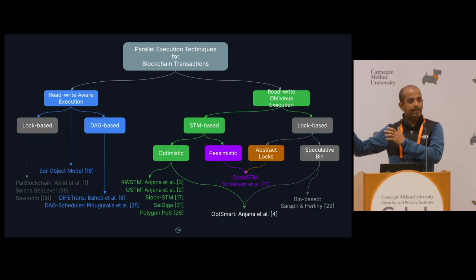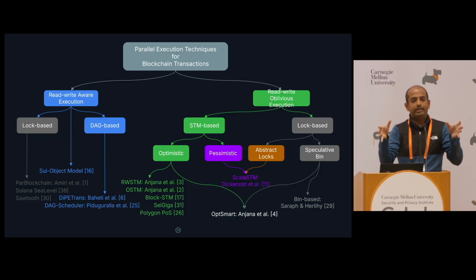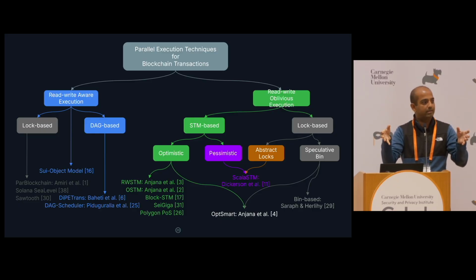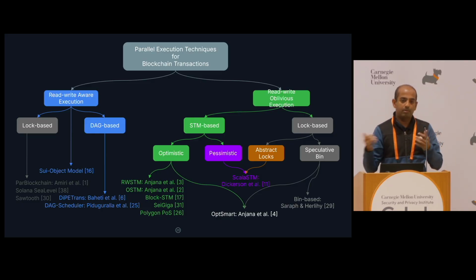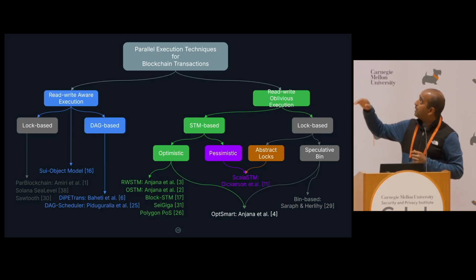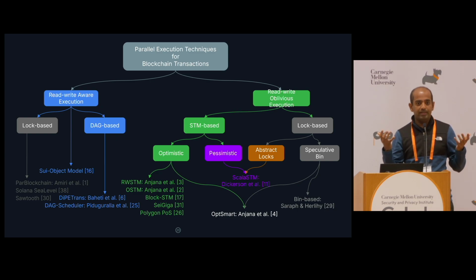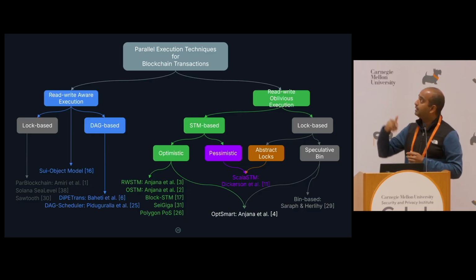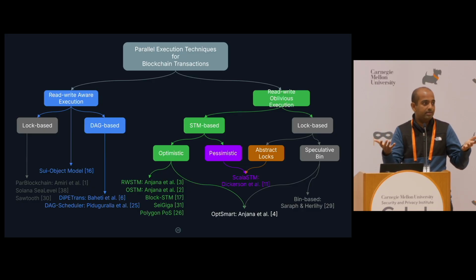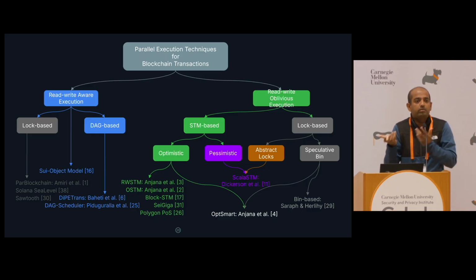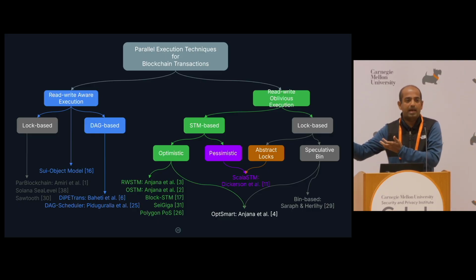And the other setting has fully detailed information about the nature of conflicts in the block, and then you're trying to get the maximum possible parallelism. As you can imagine, the oblivious setting is probably going to limit throughput, because you'll have to do algorithmic work in order to detect your dependencies. The setting in which you have the dependency information a priori, you could intuitively get significantly more parallelism.